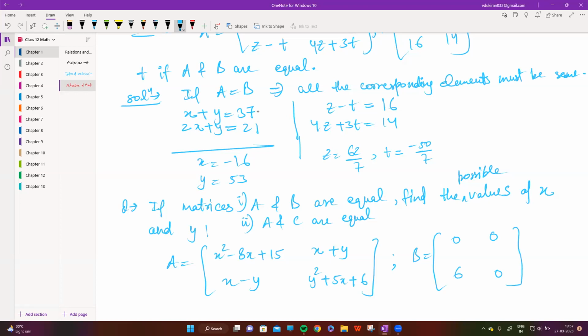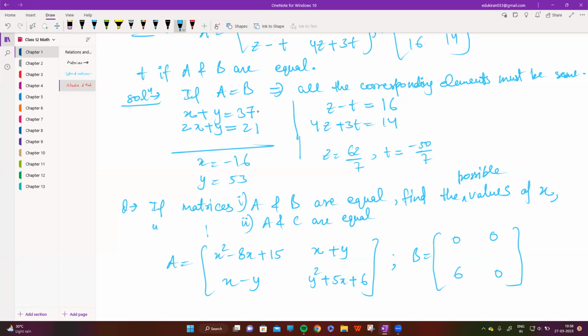In the first case, this is your A and B matrix. Sorry, I would also like to make it tougher.